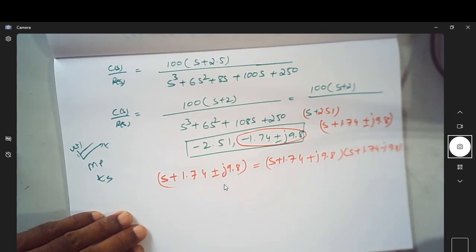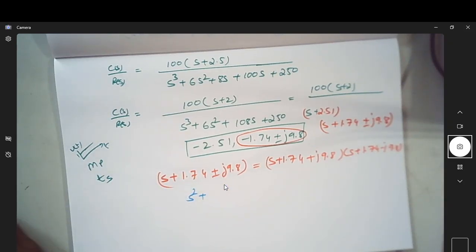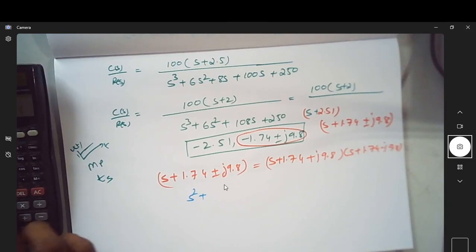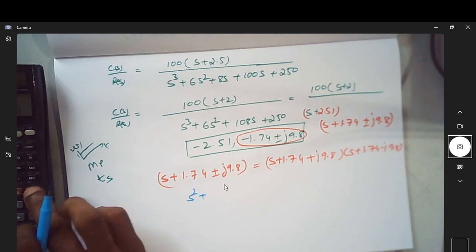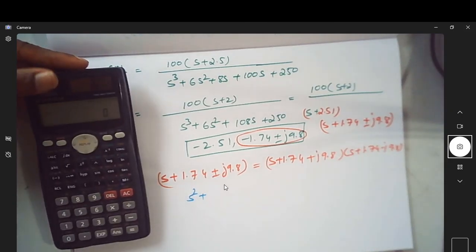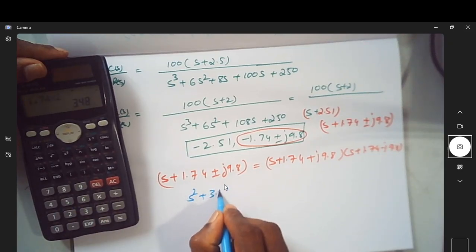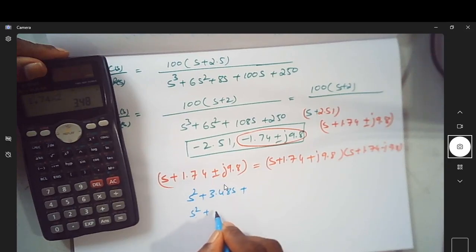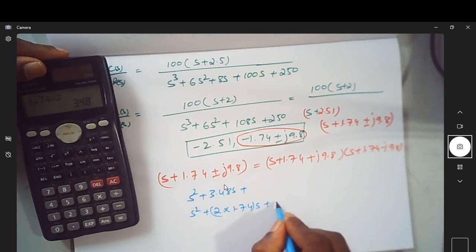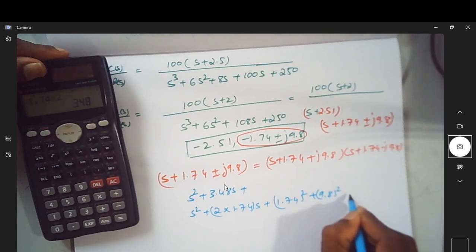If you multiply these two, I will get exactly s square plus twice of this. So what is twice of 1.74? 1.74 into 2 is 3.48. So it's s square plus 3.48s plus 1.74 whole square plus 9.8 whole square is equal to 0.